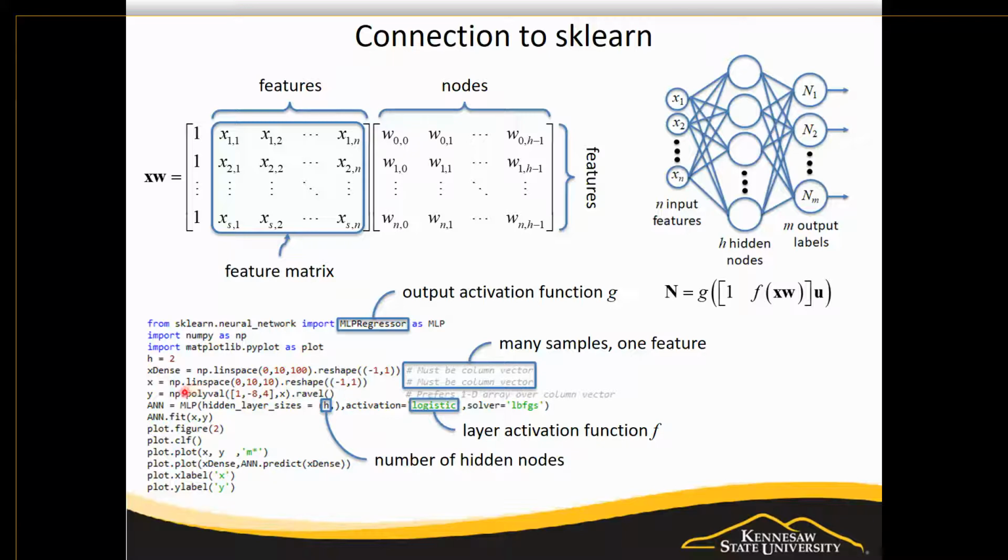Because if I do numpy linspace, it will give me a 1D array of values. And if I try to pass a 1D array of values to fit, it will be confused. Because it'll say, well, is this lots of features in one sample? Or is this lots of samples in one feature?